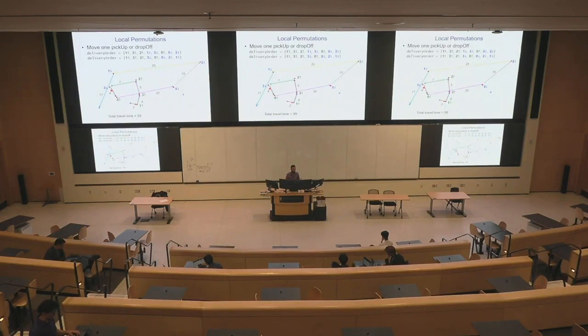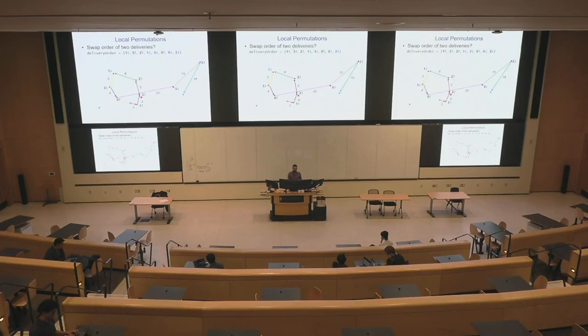If you find a better solution, that's good. You were lucky. If not, throw it away and try again. And if you're using random numbers, you probably end up trying different combinations anyway. Okay. So let's go back to the original solution. We revert to it because it's better, and we will keep that one.